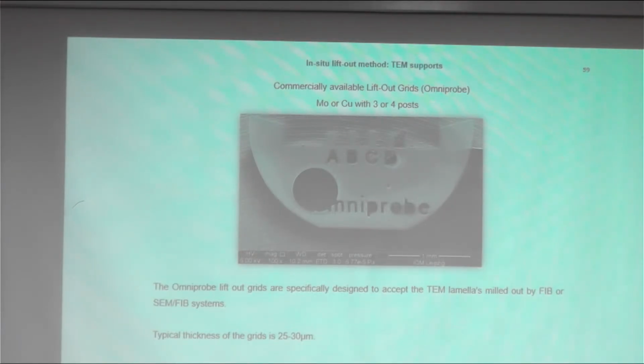If you want to do EDX analysis of a sample which contains copper, maybe you want to take a molybdenum grid instead of a copper grid. Also, because you have different posts, you can attach your FIB lamella on different sides, so you can have many lamellas on one grid, and this will save time for adjusting your specimen to the microscope.